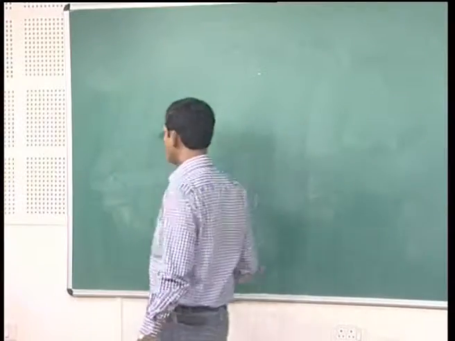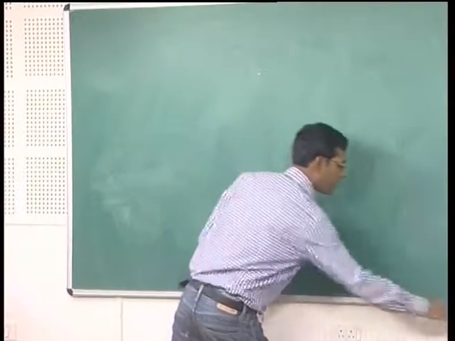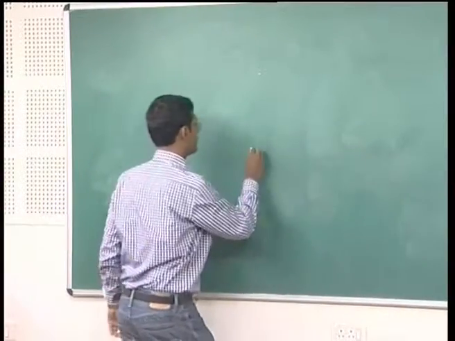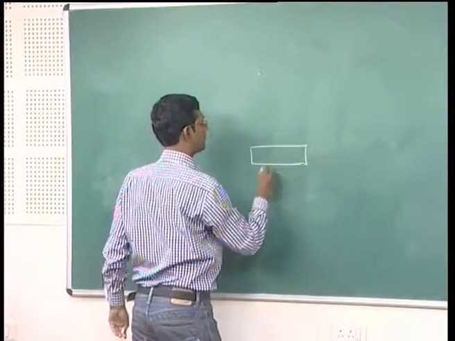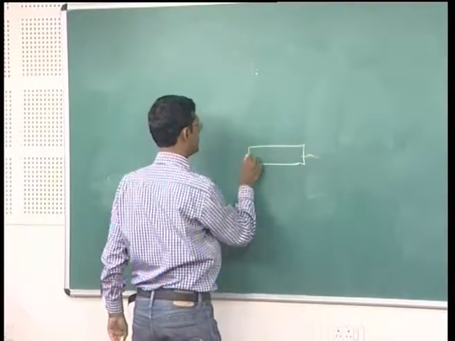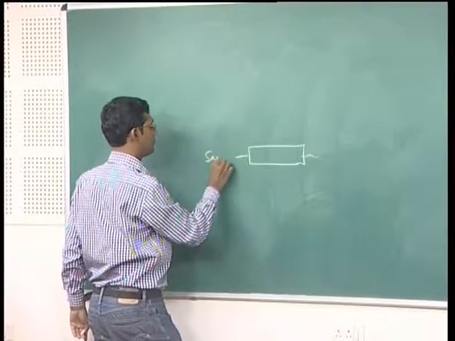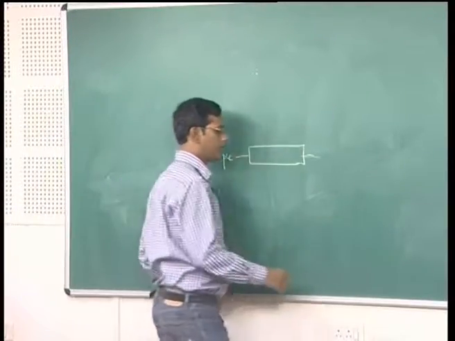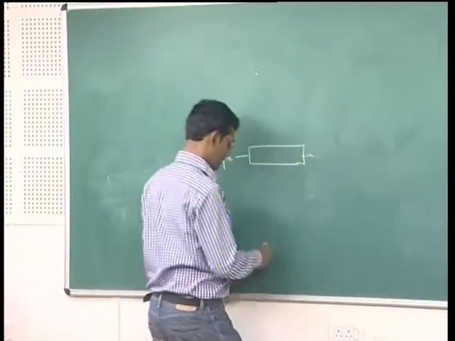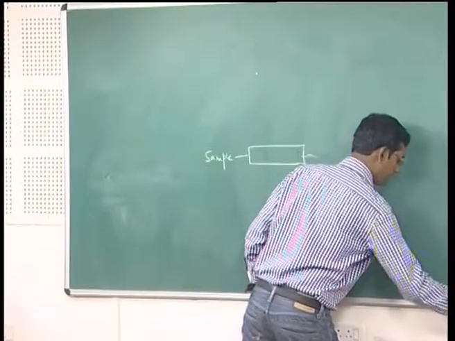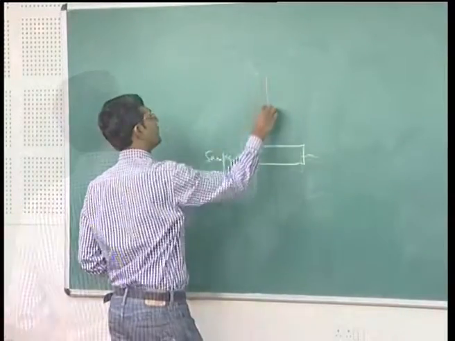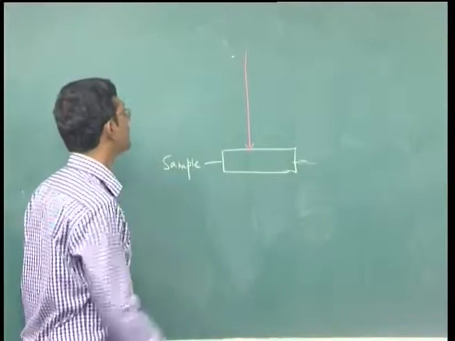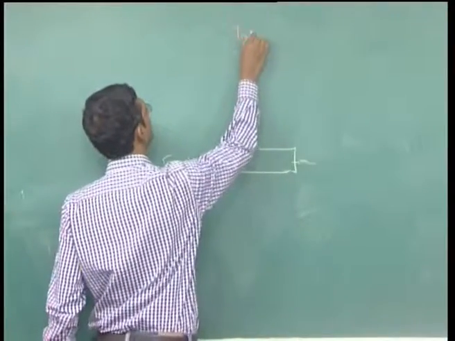If I consider this to be my sample, and let us assume that an electron beam is falling on the sample, this is my incident electron beam.